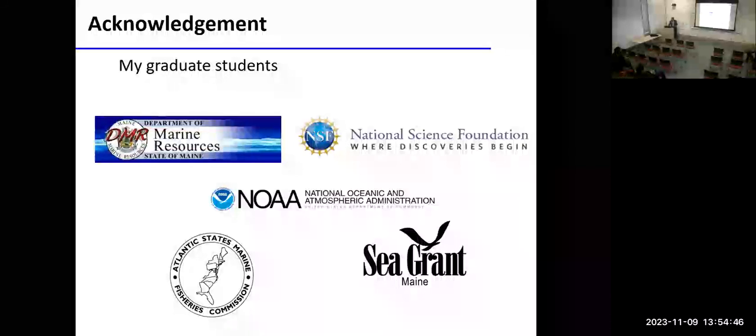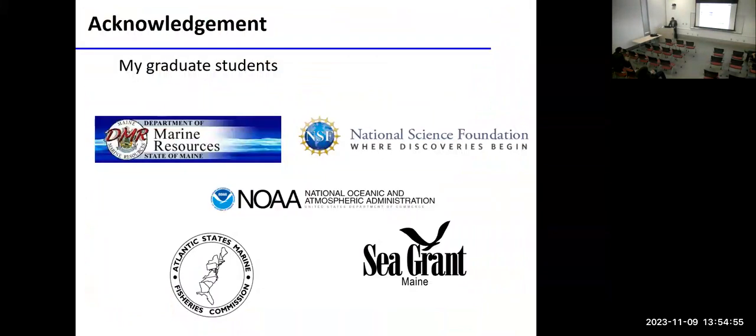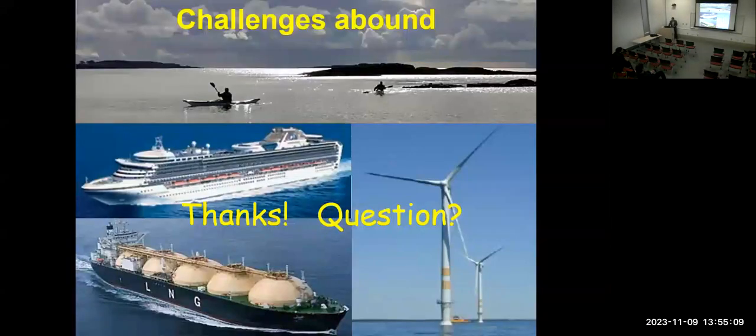Fisheries, you think about it, are very complicated. We try to find a way to figure out where we go, and it's good that we have those computer simulation tools that can help us. I thank all of my students and also the funding agencies that support all the work that we do. And finally, questions. Thank you.